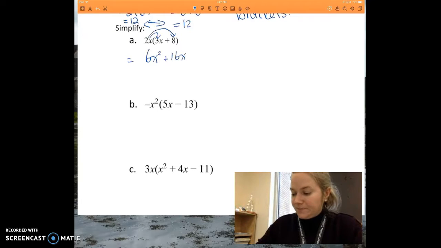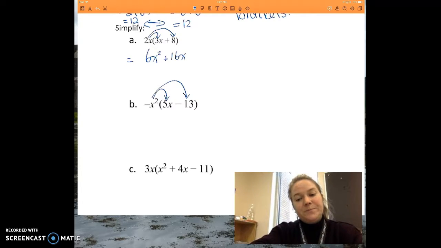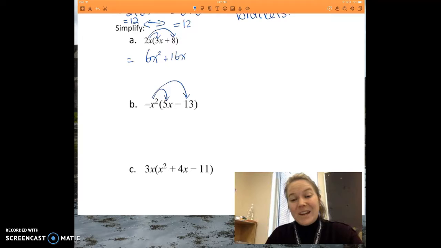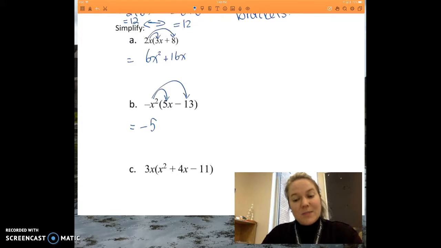Let's look at the next one. I have to expand to every term inside the bracket. I've got a monomial in front of the brackets, and inside the brackets is a binomial, so I'm going to multiply the monomial by each term of the binomial. Negative x squared is the same as negative 1x squared. Negative 1 times 5 gives us negative 5. x squared times x: x squared is x times x, so it's x times x times x, which is x to the exponent 3, or x cubed.